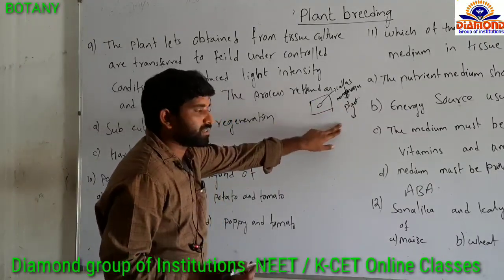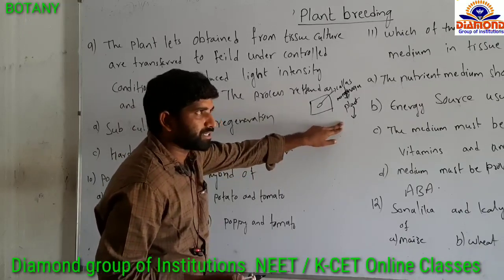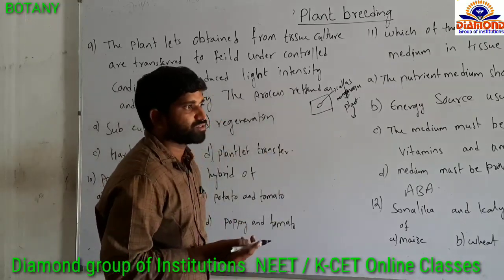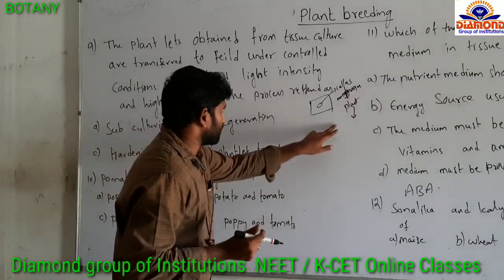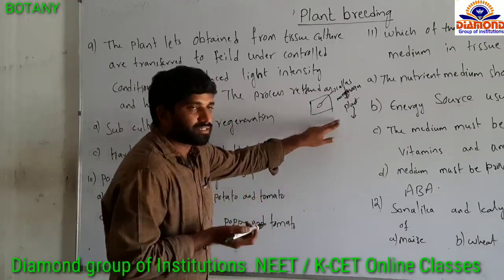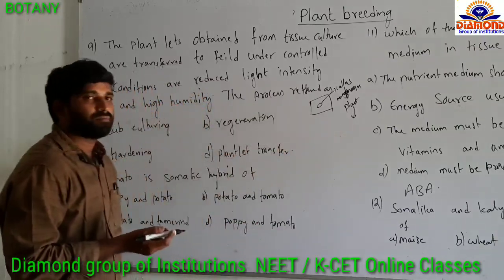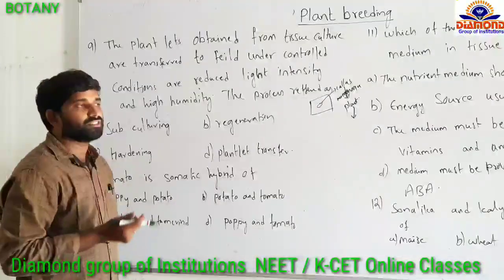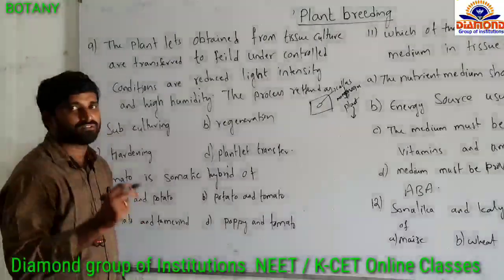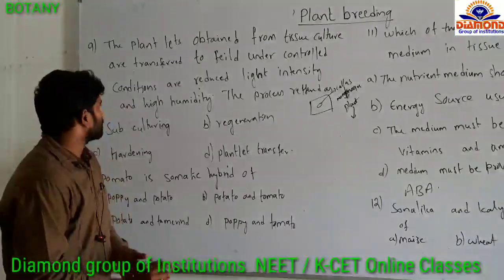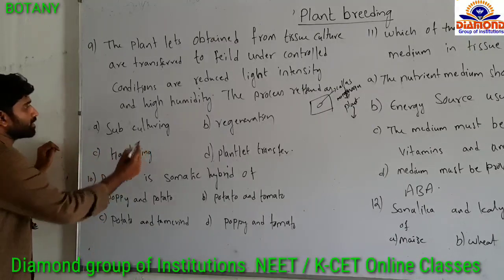So at the time of transferring plants from the laboratory conditions into the greenhouses, they get good light and a change of environment. So this method of changing the plant body from the lab conditions into the normal environmental conditions, that is greenhouses or directly the field, is called, options are given, subculture.